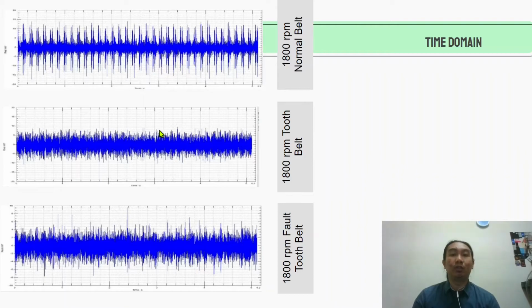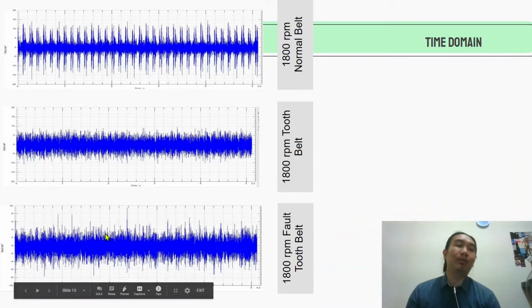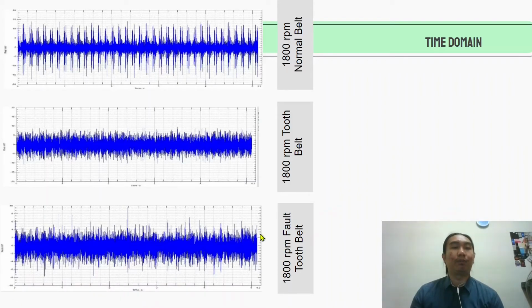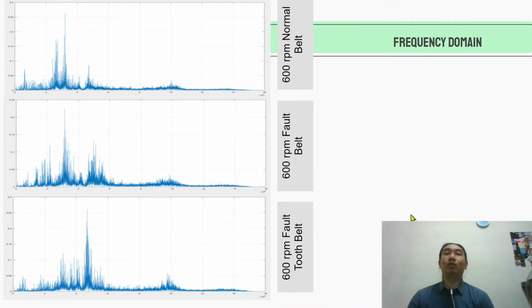And then we move on to the tooth belt, where there is no gap, but it shows a consistent and sinusoidal waveform. And as for the fault tooth belt, it can be differentiated because a higher spike occurs in the waveform. And then we move on to the frequency domain.